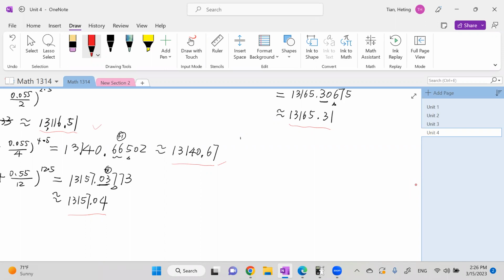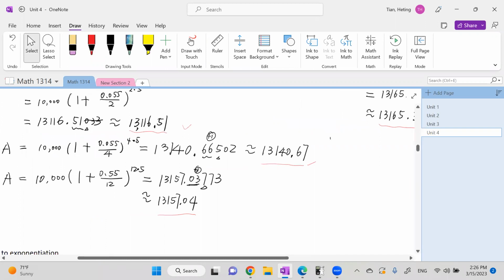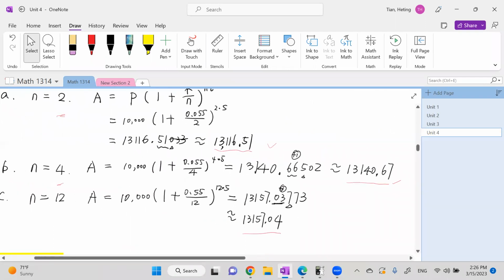It's good for the people who deposit money. They have multiple times compounding a year. But if you owe money to the bank, you borrow the money from the bank, and they say, I will charge you, I will do the compound monthly or daily. You will lose your money tremendously, because you give them more interest, and you pay them more money.